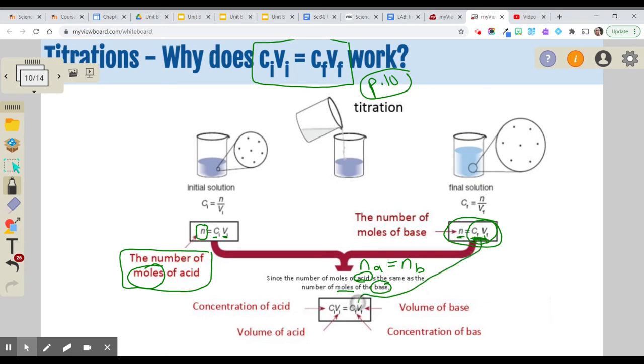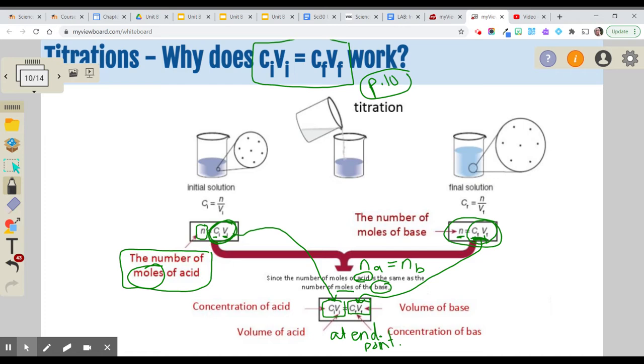There's the moles of base. And we know that has to equal the moles of the acid at the end point. So there's our formula for moles of acid. Boom. So our moles of acid have to equal the moles of the base at the end point. It's really important. It has to be at the end point. And that's why we can use this formula.